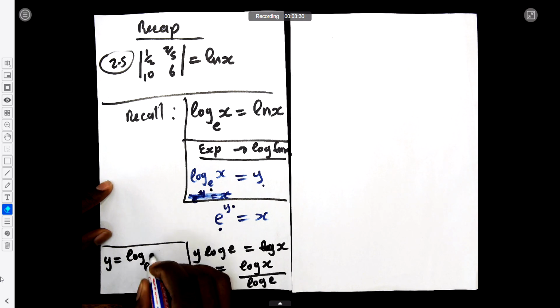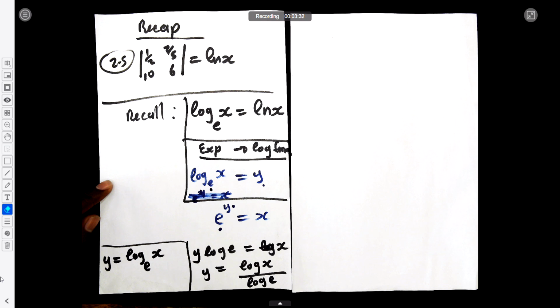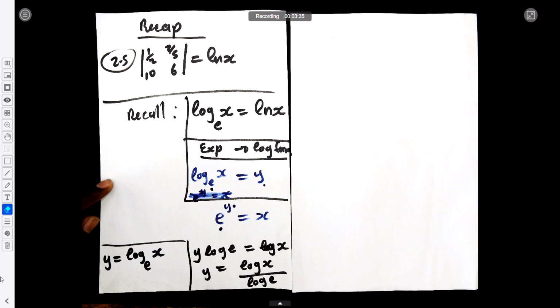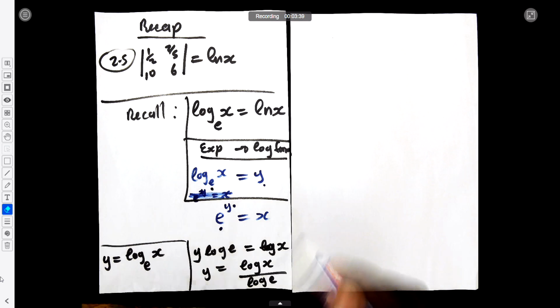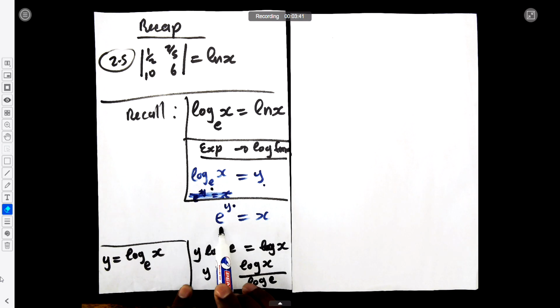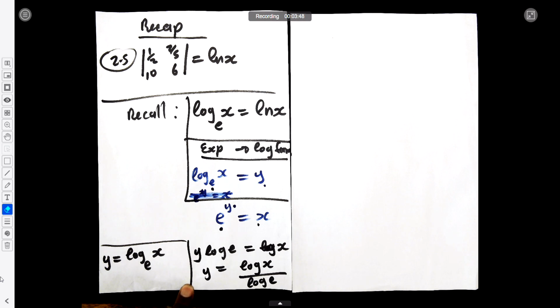So you'll have y equals log of x to the base e. So it still goes back. But not to waste time introducing log, just know that I have a base there. A log is always equal to the exponent. So I'll say log of x to the base e equals y. That is the knowledge you were supposed to recall when solving this problem.